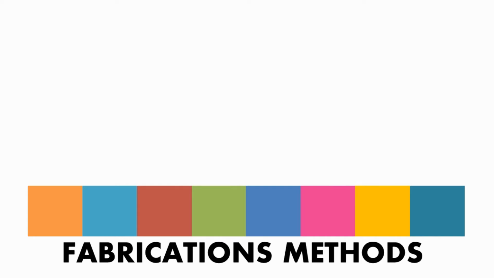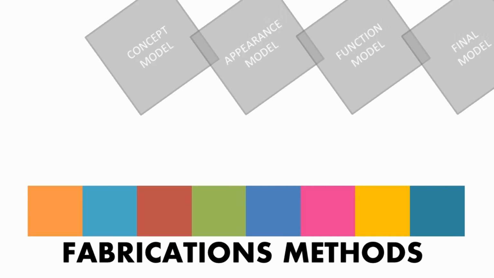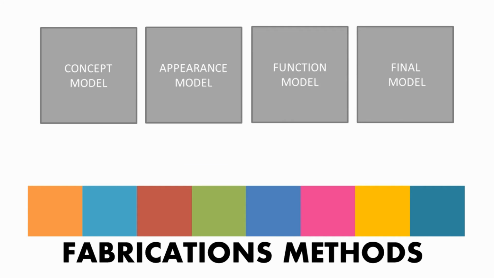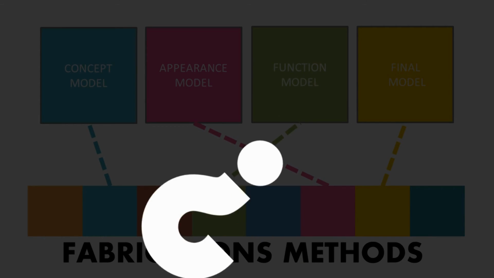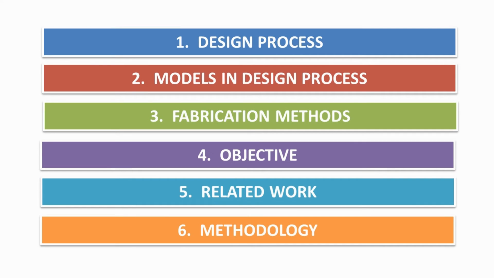Therefore, choosing a quick and efficient fabrication method to make a model is a critical step. So, here come the problems. Which fabrication method is the best choice for one type of model? What factors will influence designers' choice of fabrication method? What fabrication method will designers prefer to use in different design stages?